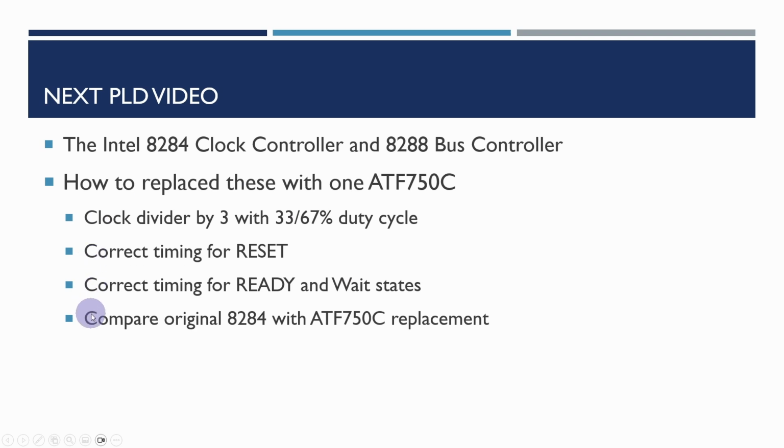And what I'm going to do is compare the original 8284 with the same input clock with the replacement that I'm programming to see whether or not it actually is a close enough replacement. And what that should hopefully mean going forwards, as long as you can afford a £300 programmer for the chip, is you don't have to go out and source these legacy components anymore. We can actually do it using modern components.